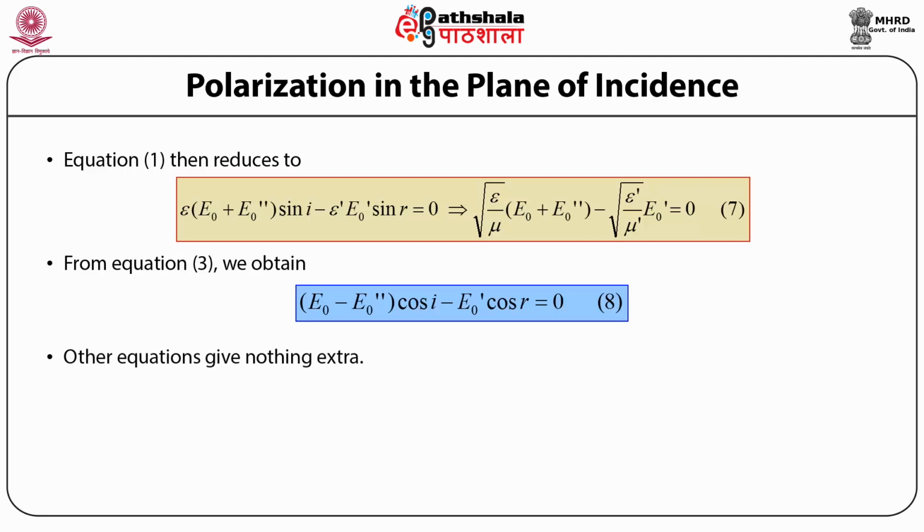The other equations regarding the boundary conditions, that is the equations involving the magnetic field induction vector B and the magnetic field H, do not give any extra results.